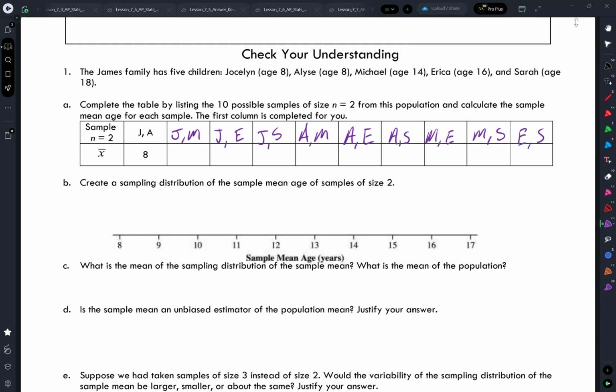Notice this is the same as the sample space that we studied last unit in probability. The average age for each of these would then be 11, 12, and 13. Hopefully I'm not making any mistakes here. And so these would all actually be the same.